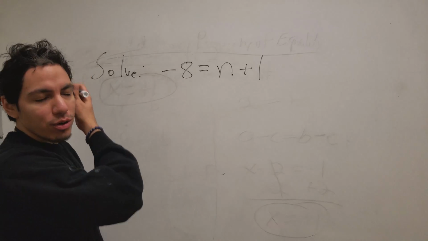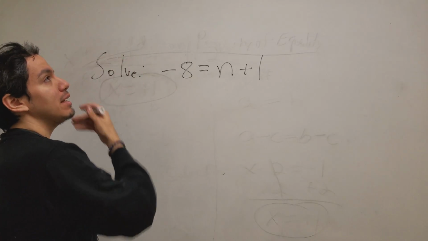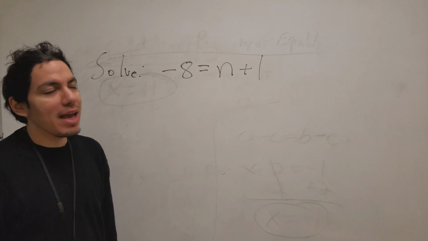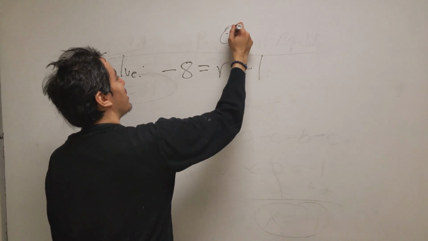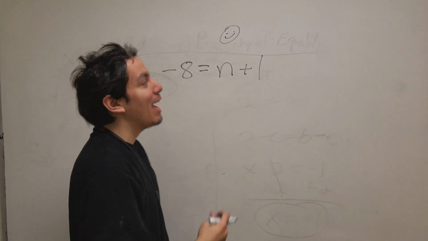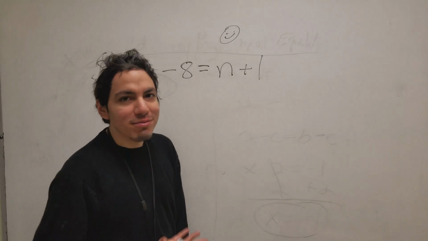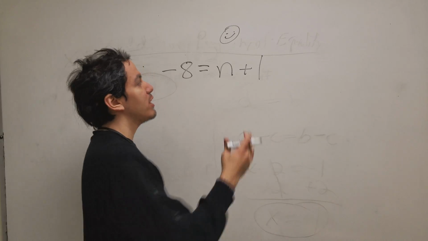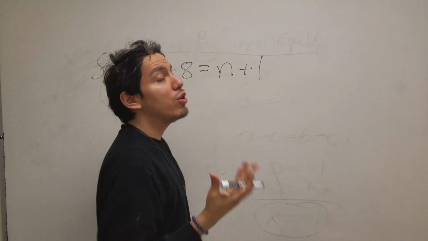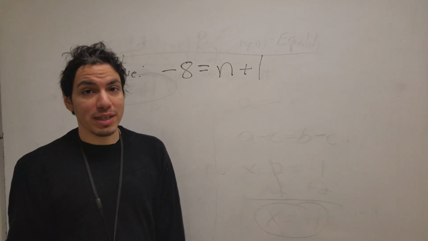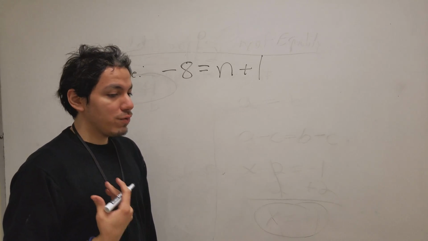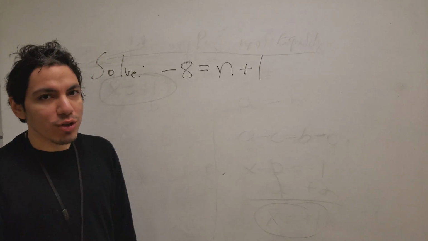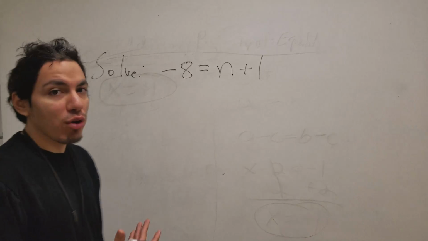N is an unknown. N is like x, only a different letter. That's all it is. I could have put a smiley face for all I care, and you would have to solve for the smiley face. Same thing. Think of x, or when you solve an equation, think of it as an arbitrary unknown, or variable in this case, to find the solution to it, because when you're at this part of the stage of math, you're a problem solver at this point.